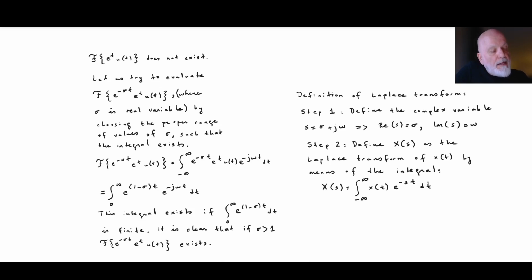Now, it is clear that if we substitute sigma plus j omega into this integral, we get the integral from minus infinity to plus infinity of x of t e to minus sigma t e to minus j omega t with respect to t, and therefore this turns out to be the Fourier transform of x of t e to minus sigma t.